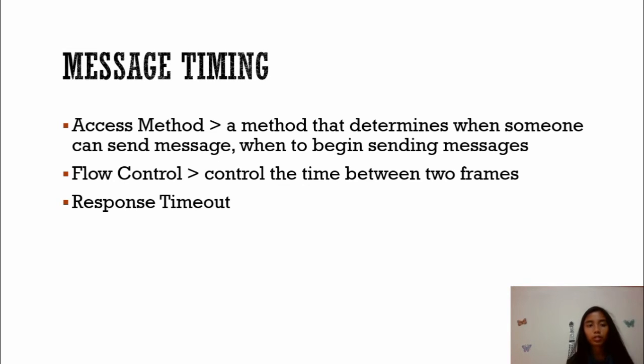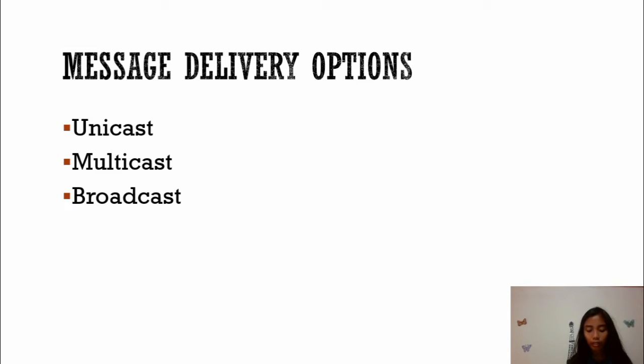So let's proceed to the next one. We have here the unicast, the multicast, and the broadcast. I will explain the difference between the three. That's for the message delivery options. For the unicast, for example, one person is talking to one other person.